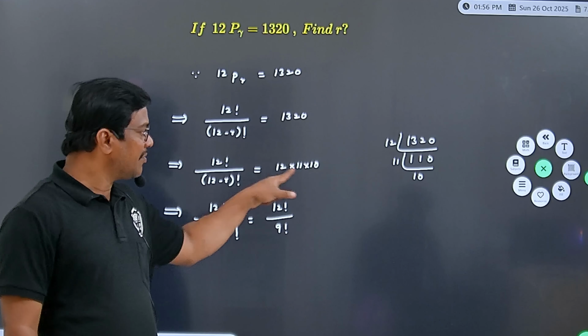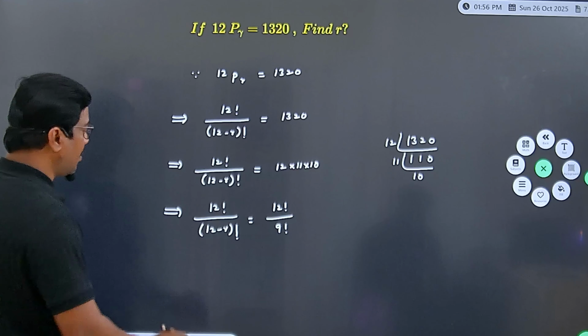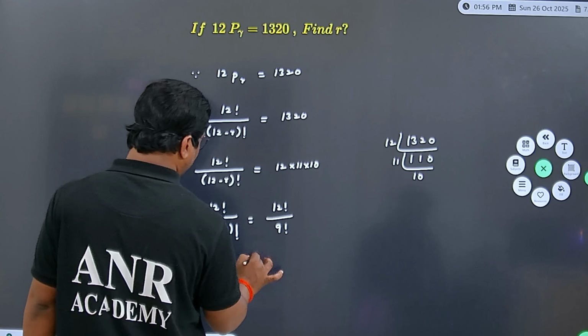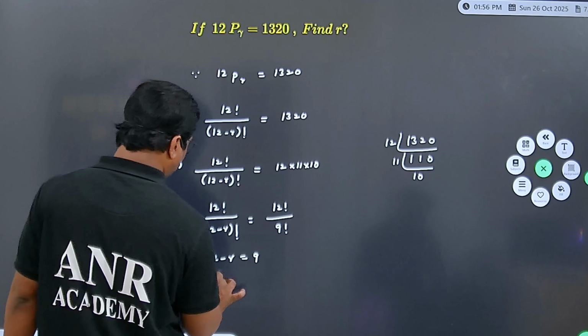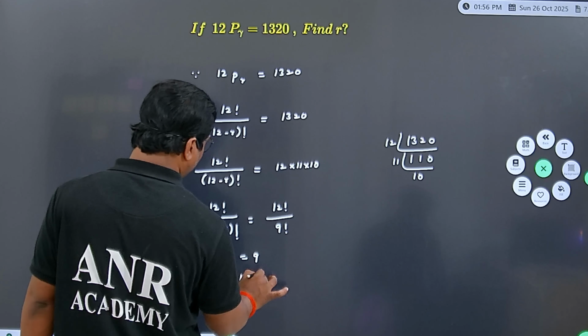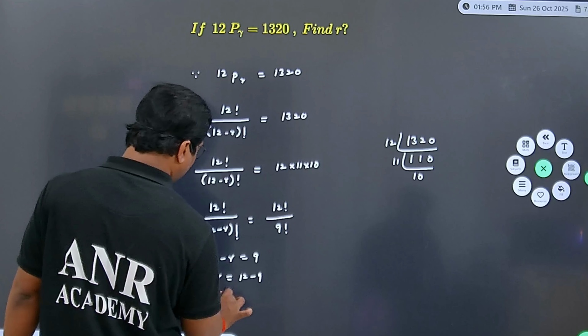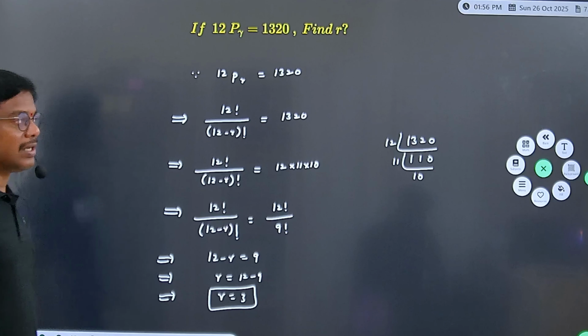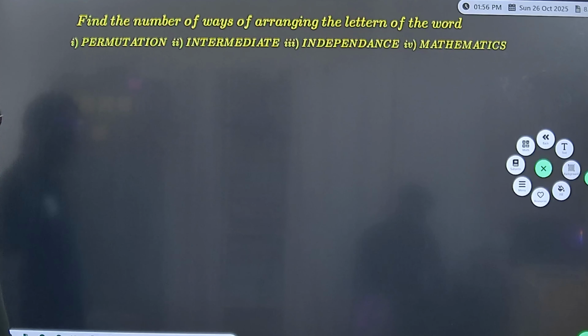So on simplification we get this result. Therefore it is very clear that 12 minus r value is 9 and the value of r equals 12 minus 9, and hence the value of r equal to 3. This is your answer. Let us move to the next one.